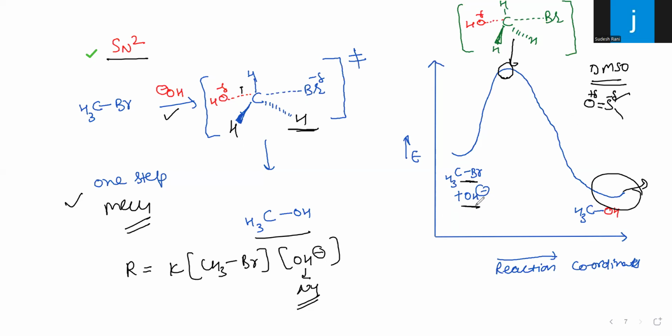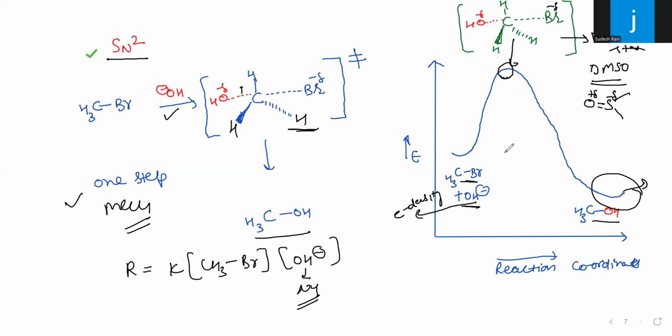The nucleophile has more electron density as compared to this transition state. As here is a partial negative charge, here is also a partial negative charge. So the nucleophile has more electron density as compared to this transition state. So in case of DMSO, this is the energy profile of these reactions when methyl bromide is converted into methanol.